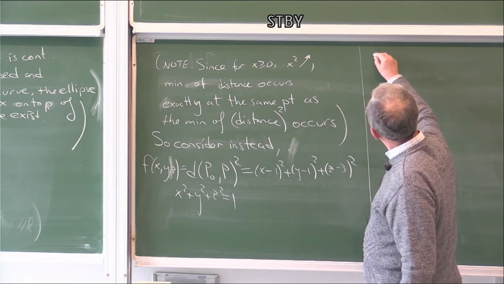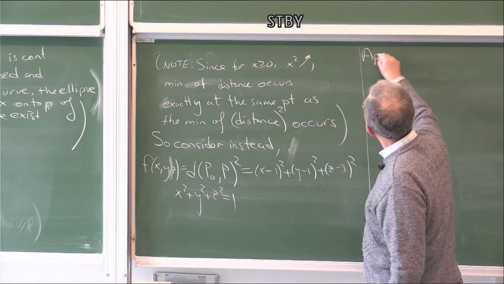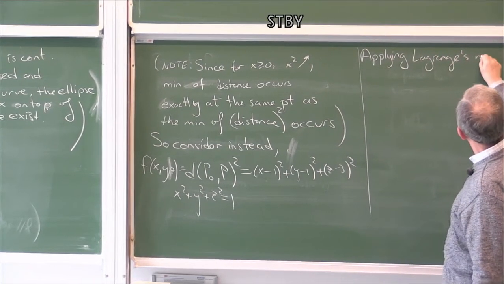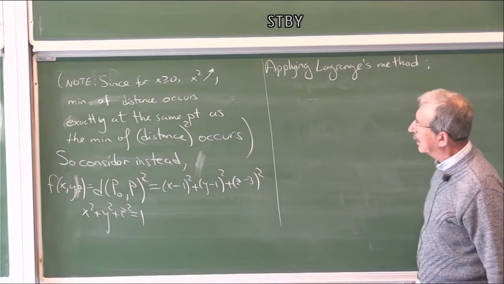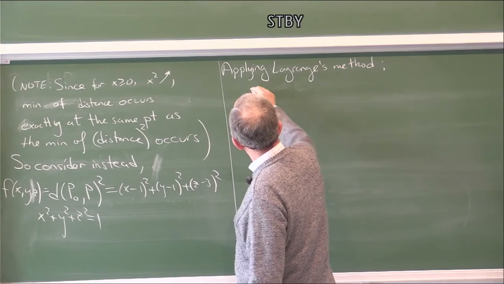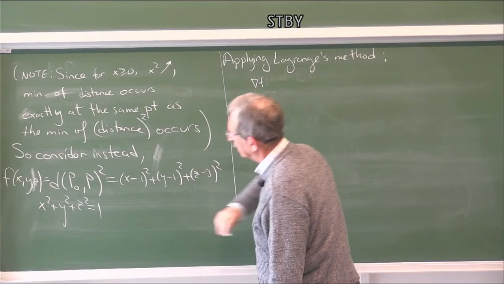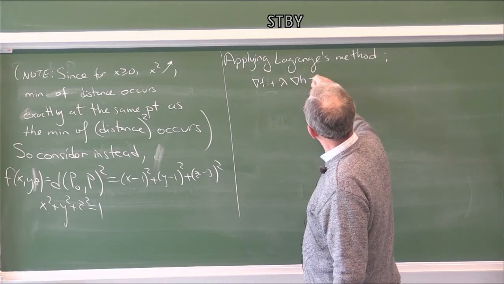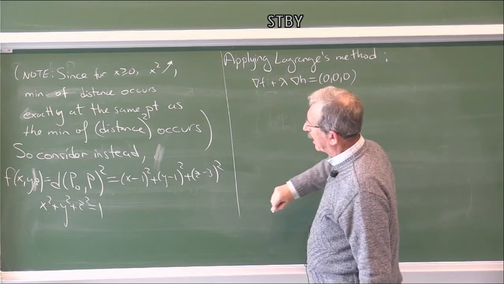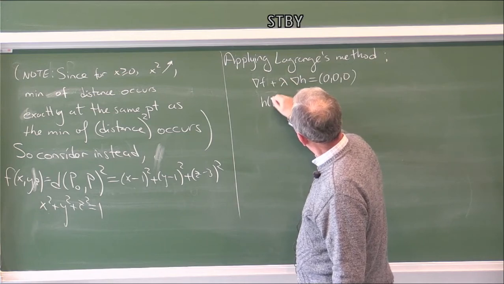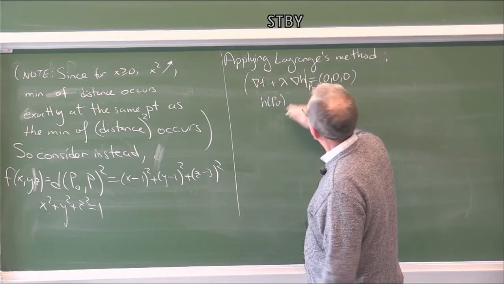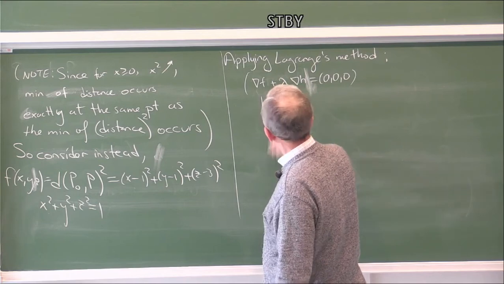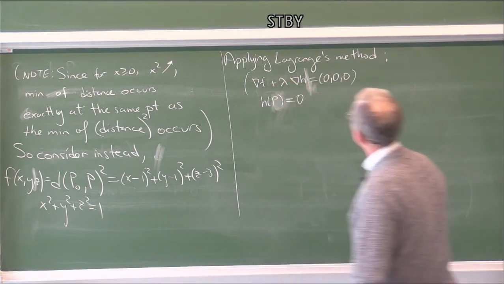So we construct, okay, so applying Lagrange, we have gradient f, that's the gradient of this f, and of course this will be my h, plus lambda gradient h is 0, 0, 0, everything at P. Okay.